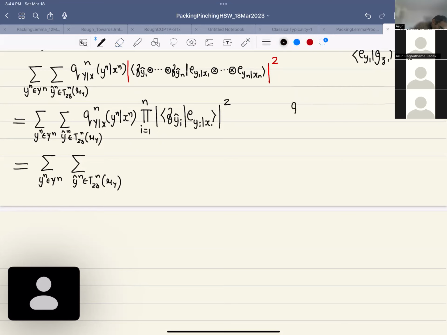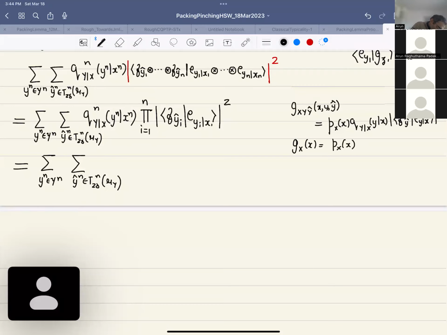G x y hat of x comma y hat is px of x times qy given x of y given x times fy hat ey given x. This was what it was, right? And I observed that gx of x is px.